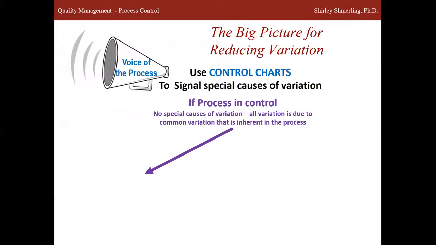So in general, to reduce variation, which is what we want, we use control charts. And this is what we call the voice of the process. We get special signals for special causes of variation, and we correct them. Once the process is in control, we know that any variation is due to common variation that is inherent to the process.